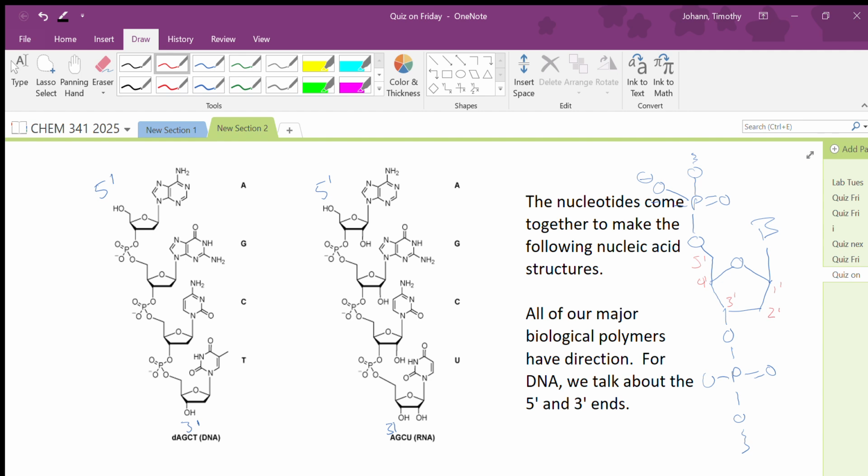Okay, so what I want you to do, we're going to just practice this right here. Can you guys see the bases well enough to see the structures? Okay, I want you to draw me an RNA polymer that goes 5' to 3' CAT.